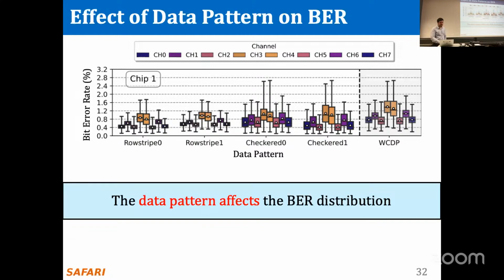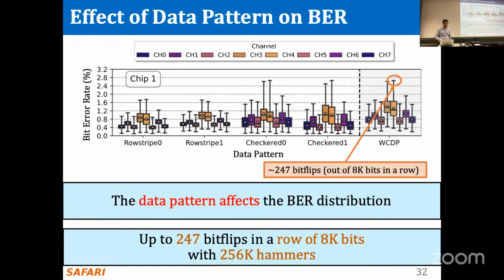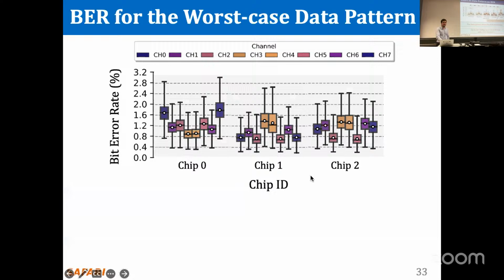The data pattern affects the bit error rate distribution. And we observe up to around 247 bit flips in a row of 8,000 bits with 256,000 hammers. This quantifies the worst case bit error rate that we've seen in our experiment.